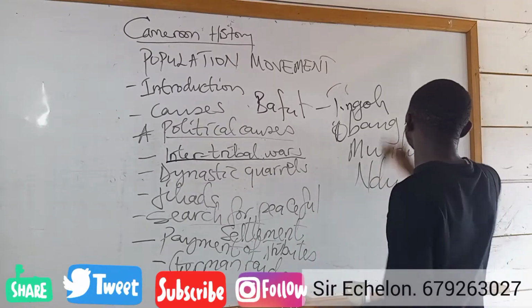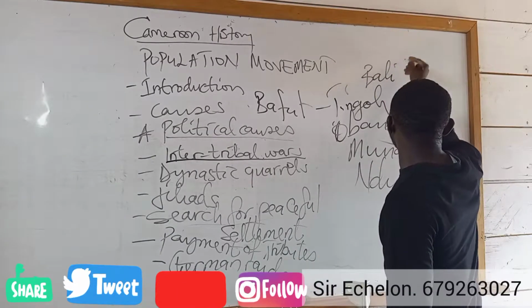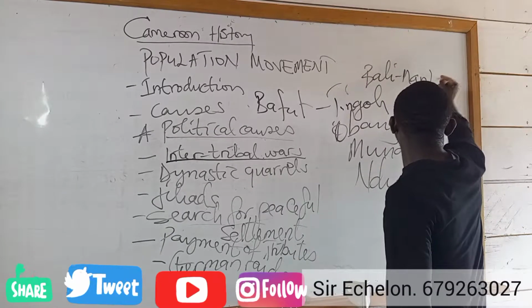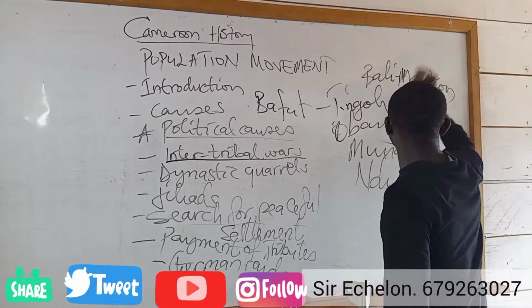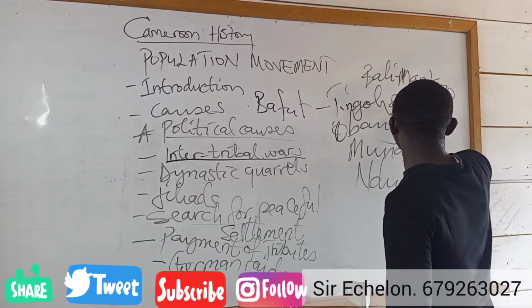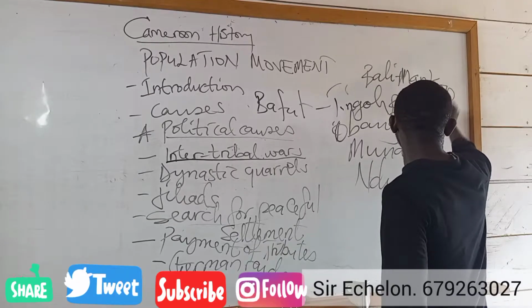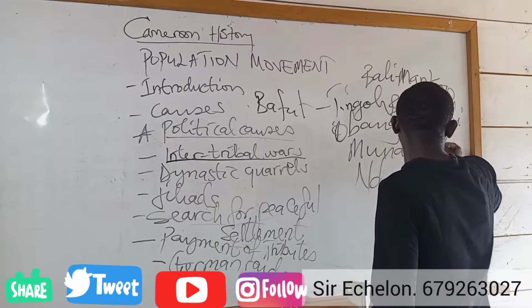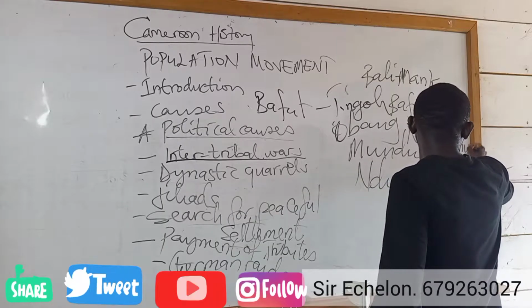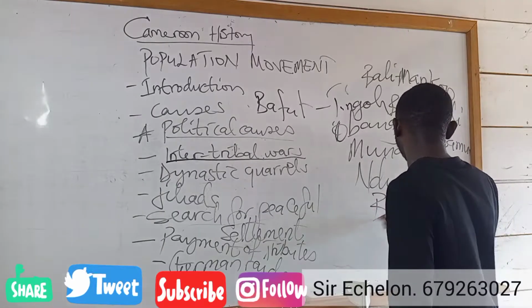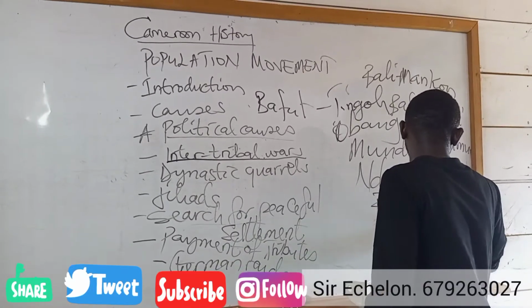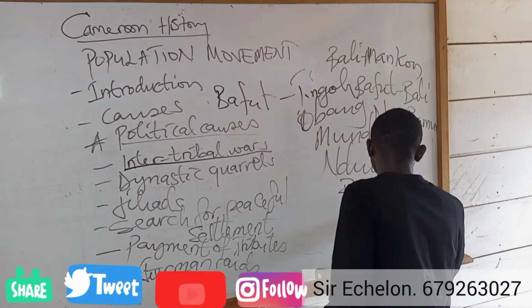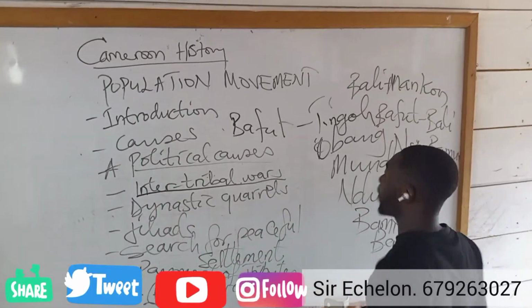Another case, we have the Bali and Mancon. The Bali fought a war with Mancon that led to movement. There was also the Bafut Bali war. There was the Saw and the Bamum war. We could also talk about the Bamilikes and the Bamum, who also fought intertribal wars.